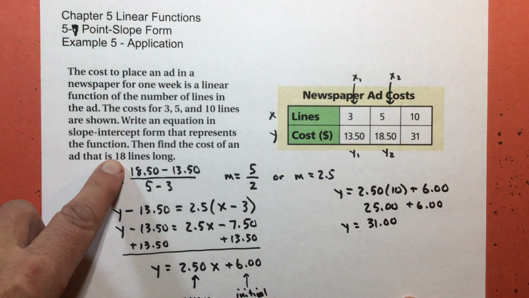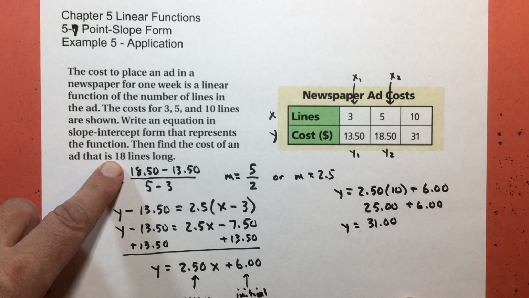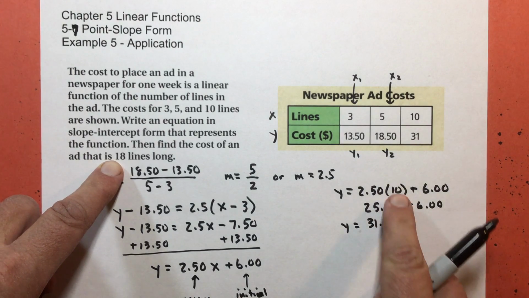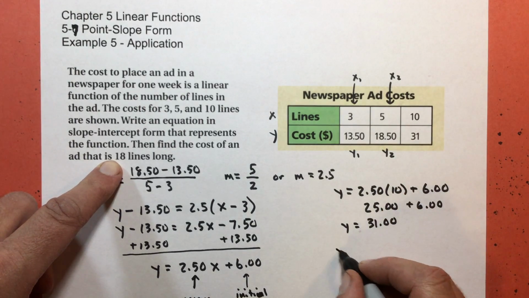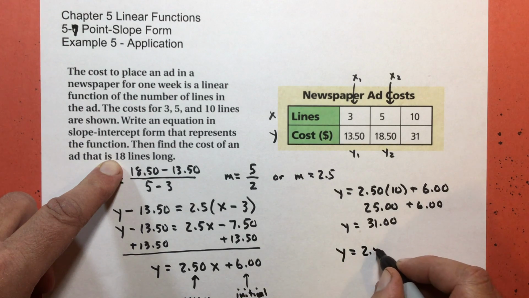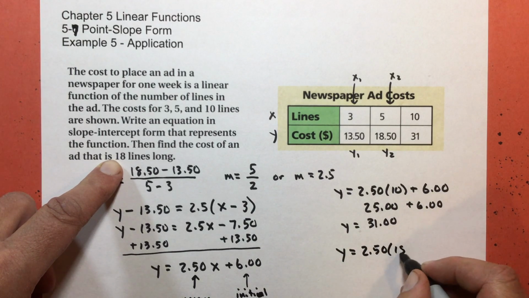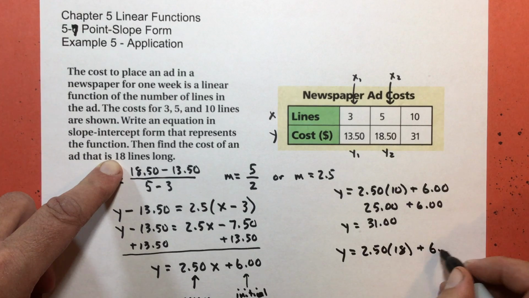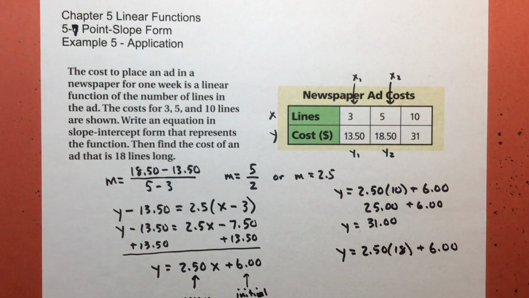So finally, my last question is, what if I have 18 lines? Well, just like I did here, I'm going to use 18 instead of 10. So y equals 2.50 times 18 plus 6. All right, now you're probably thinking, quick, I need to grab a calculator. 2.50 times 18.